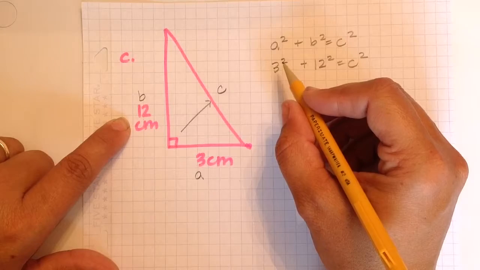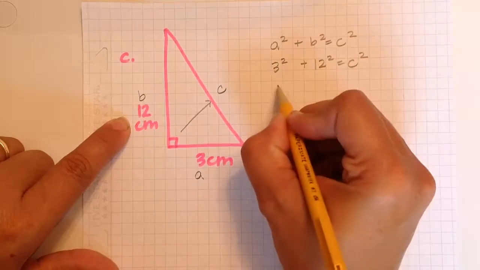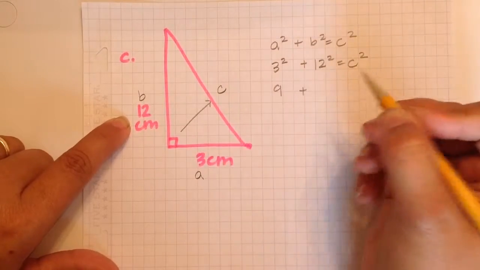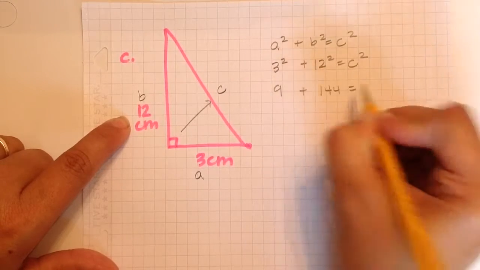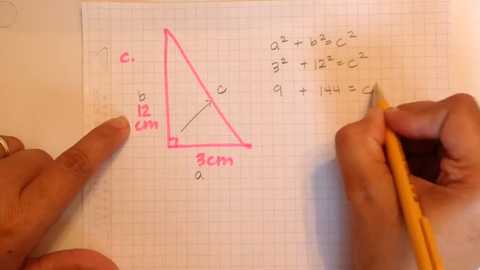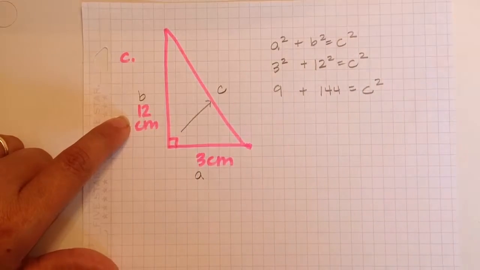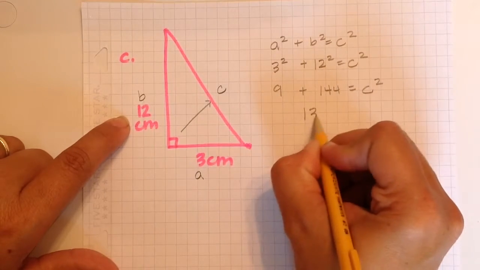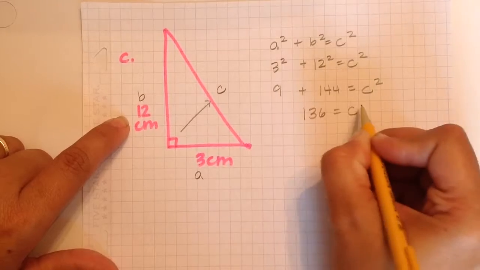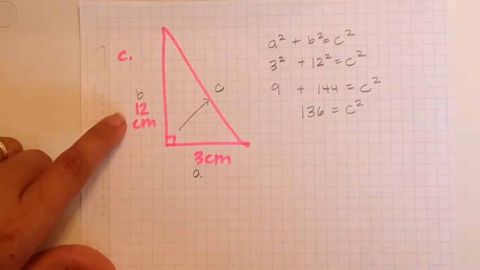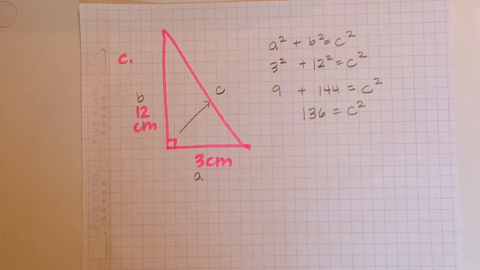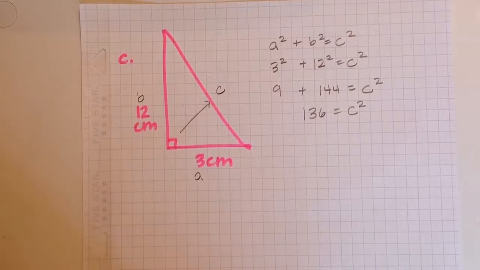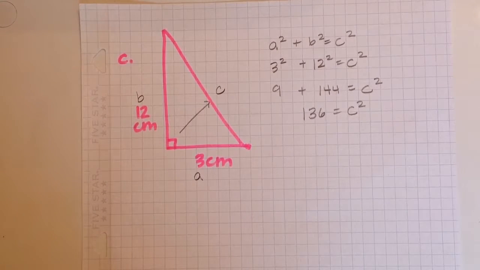Three squared is 9. 12 squared is 144. 9 plus 144 is 136. Now I have to take the square root of both sides to get C by itself.